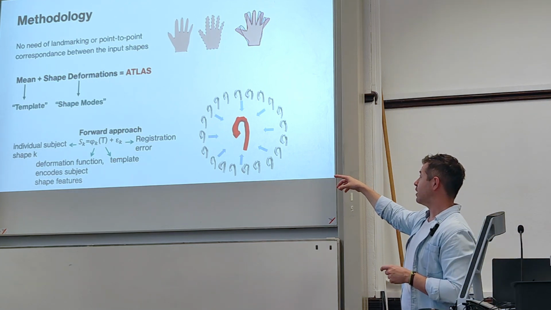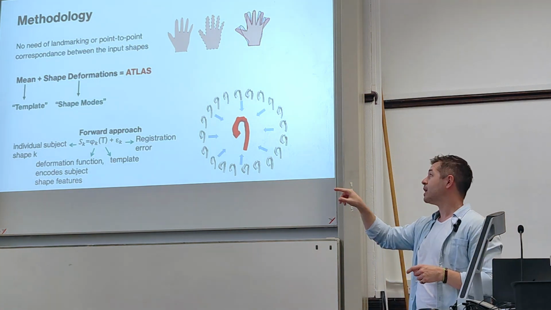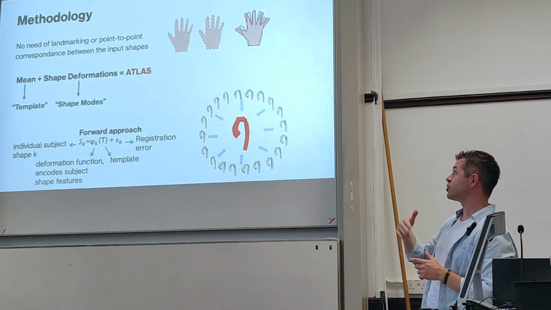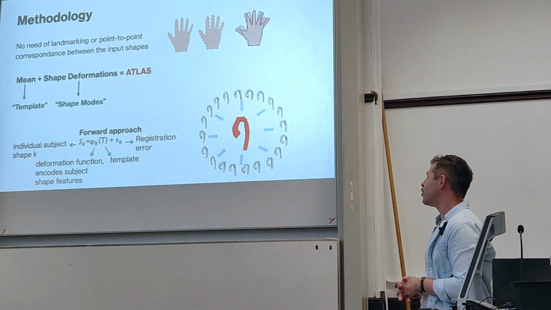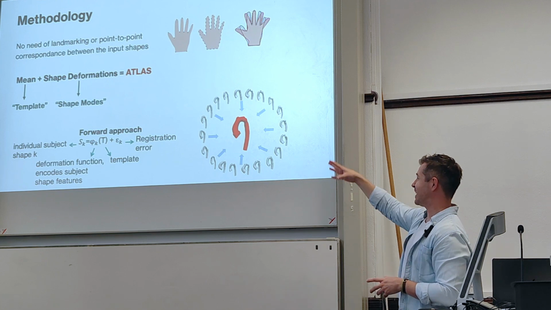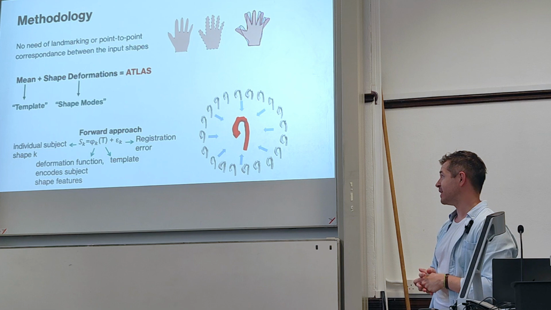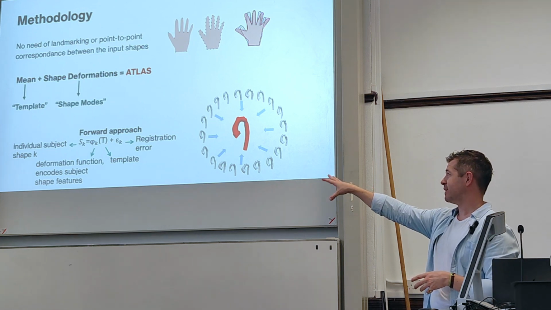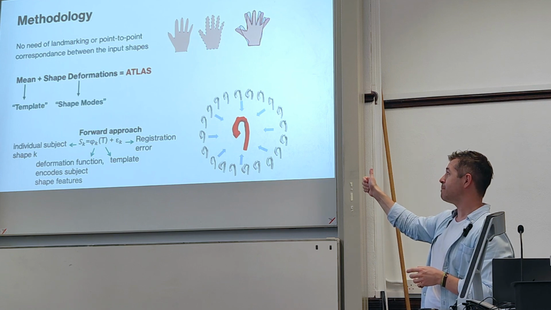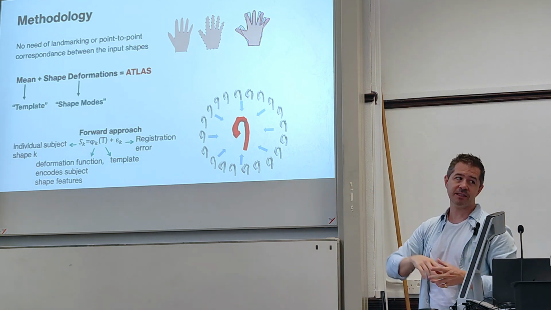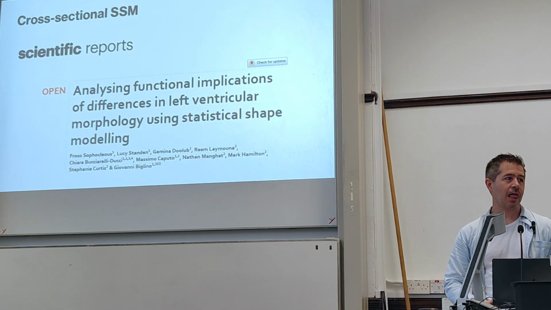It also calculates how far each individual patient is from that mean. And these are called shape deformations or shape modes. The ensemble of all of them, we call it an atlas, in that case for an aortic arch in patients with a certain congenital heart defect. And so that's effectively how it works mathematically. We focus especially on the template and on the deformations, and we can work it back to each individual patient.